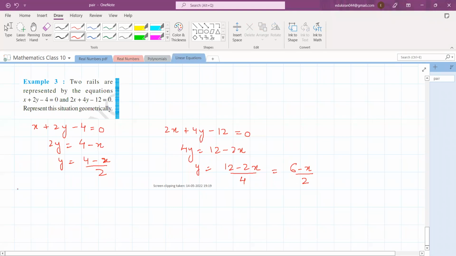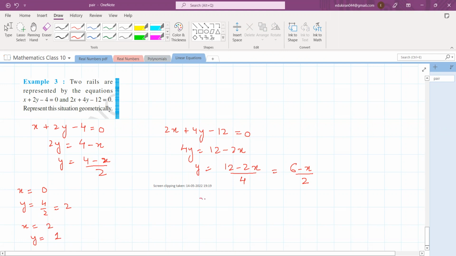Okay, now take values. If x is 0, y will become 4 by 2, which will be 2. Again, if I take x equal to 2, my y will come out to be 4 minus 2 is 2, 2 by 2 is 1. That calculation you can do.